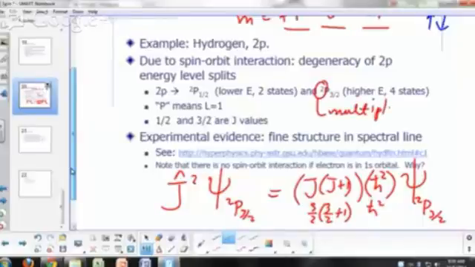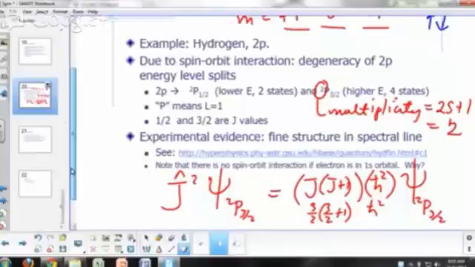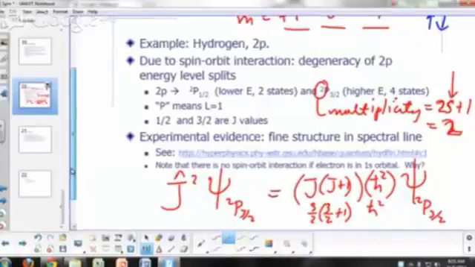So we say the multiplicity here is equal to 2S + 1, and that's equal to 2. S here is the quantum number for the total spin angular momentum. So what's the total spin angular momentum for 1 electron? What's the quantum number S?